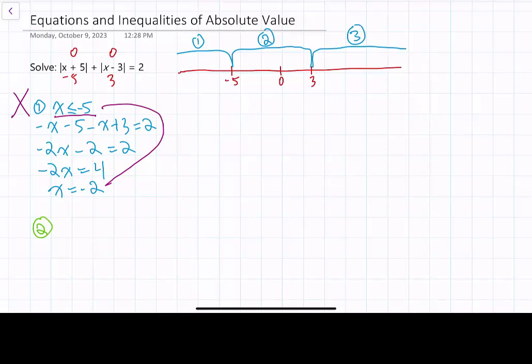So then what about our second section, which is when x is between -5 and +3. So how will we get rid of the absolute value symbols in this case? Well, looking at the first absolute value, we know that if x is in this section, we would get a value greater or equal to 0, which means that we can just have x plus 5.